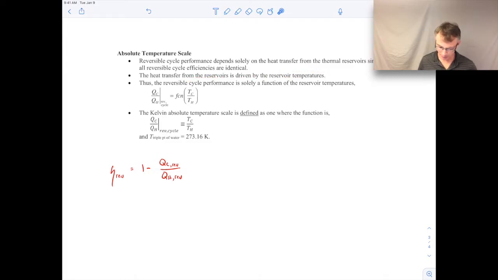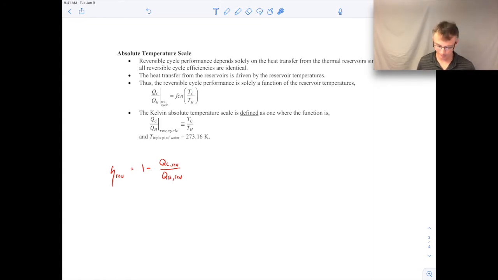So that means that the QC over QH must be some function of TC over TH, since the heat transfers are driven just by the temperatures. And by the way, this is a dimensionless quantity, QC over QH, meaning that the units of QC and the units of QH are the same, so they cancel out. So if that's dimensionless, then it has to be a function of some dimensionless quantities as well. So like TC has the same units as TH.